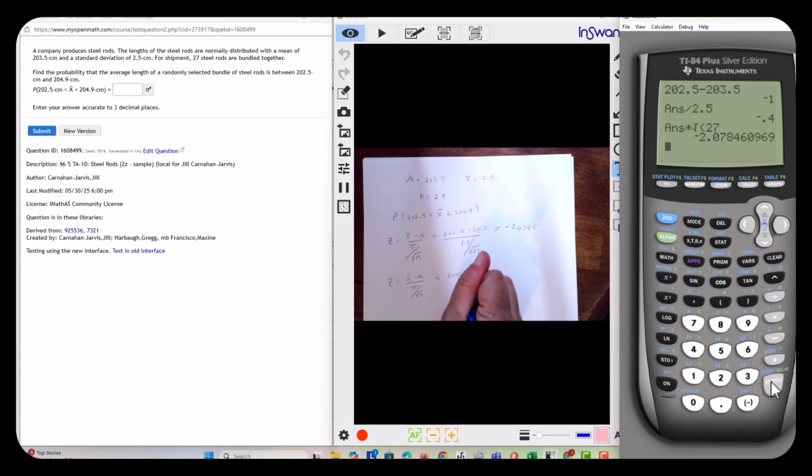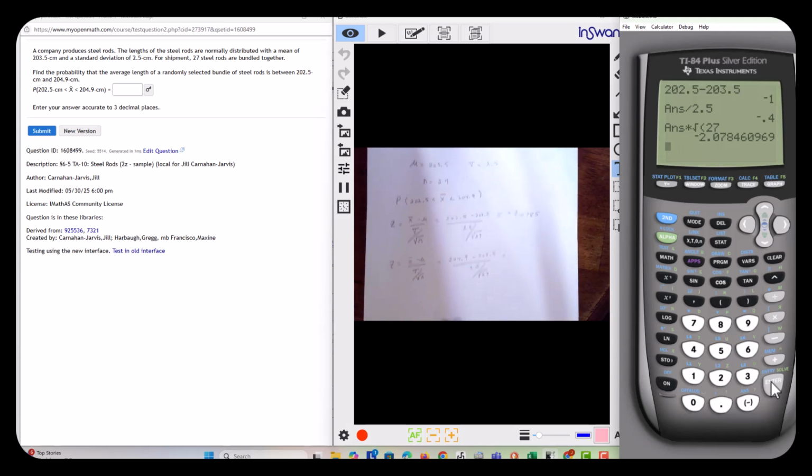204.9 minus 203.5, divided by 2.5 by the square root of 27. 204.9 subtract off 203.5.